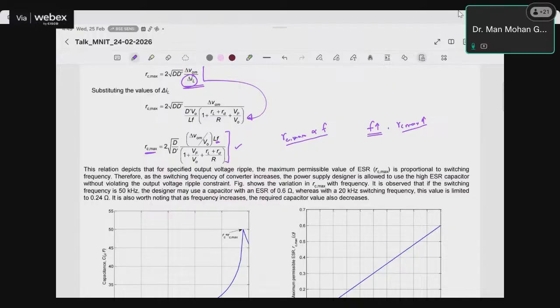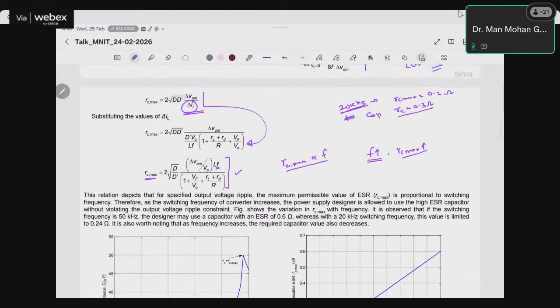Let's say we were using 20 kilohertz frequency, and the value of RC max for that was, let's say, 0.2 ohm. Now I have a capacitor having RC equal to 0.3 ohm. If I use this capacitor at 20 kilohertz, then this RC is greater than RC max. It means it should not be allowed, otherwise it will deteriorate my performance.